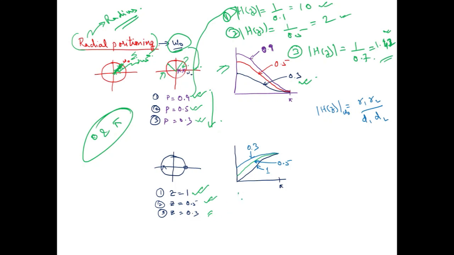So modulus of H(z) is equal to 1 in the first case, in the second case it is 0.5, and in the third case 0.3, at the DC frequency. At the DC frequency, we have put a pole over here because otherwise the system will become an unrealizable filter, but we just want to look into the effect of the zeros.